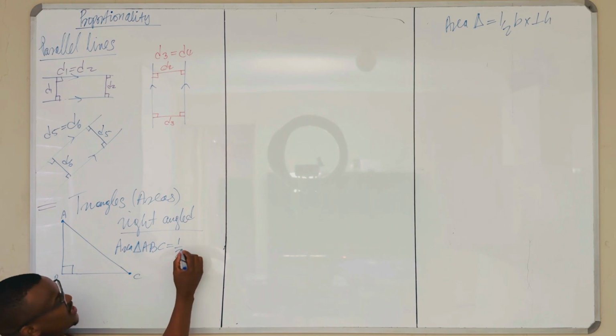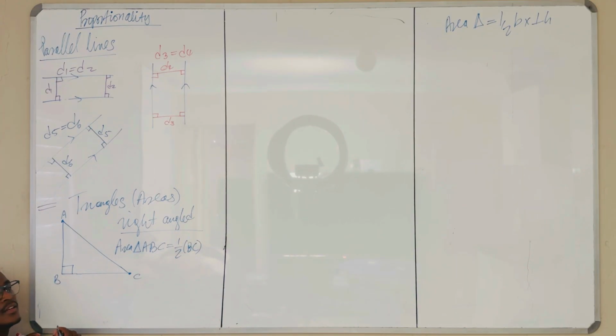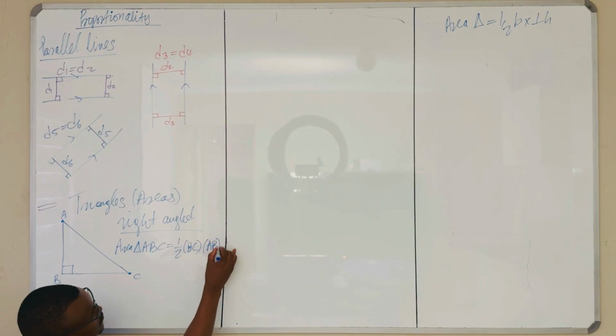Yes. Sitting with BC times the perpendicular height. What is the perpendicular height? AB. Because here is BC. So if you're calculating, it will be half of whatever side you choose times the height that will be perpendicular to it, times the altitude. Yes. So your altitude or your perpendicular height is AB. Are you happy with this?